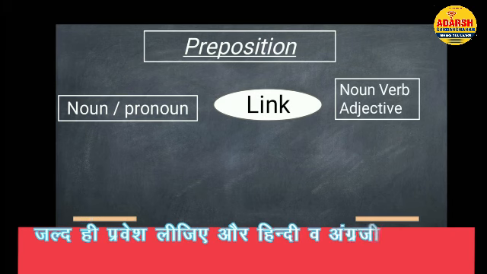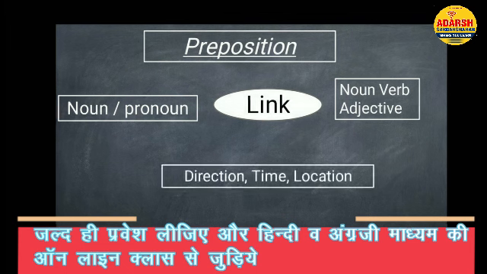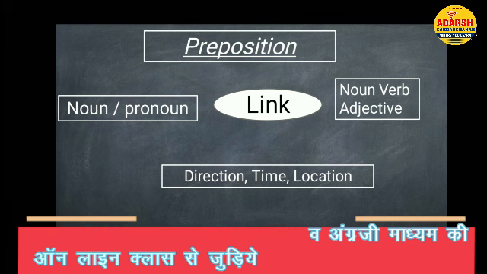Link here means the preposition provides a relation between a noun or a pronoun and other words in the sentence, and it makes the sentence complete. These other words may be noun, verb or adjective. Preposition denotes direction, time and location in a sentence.